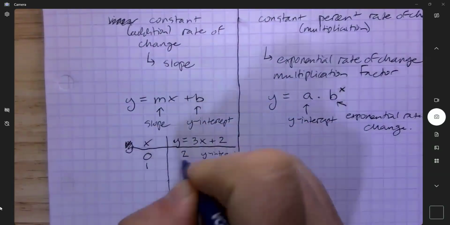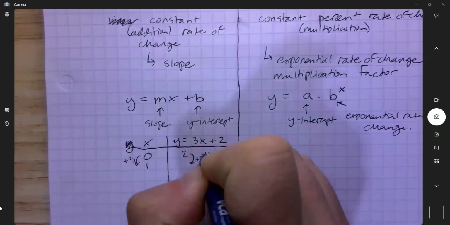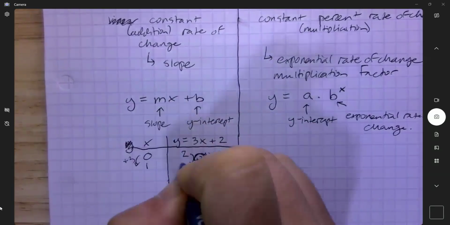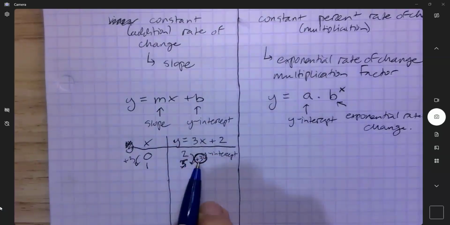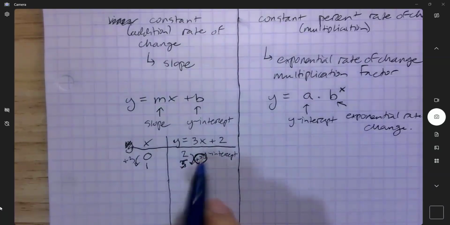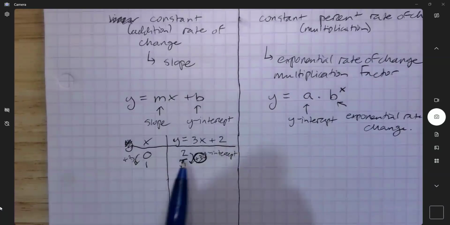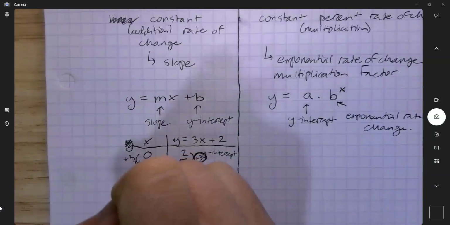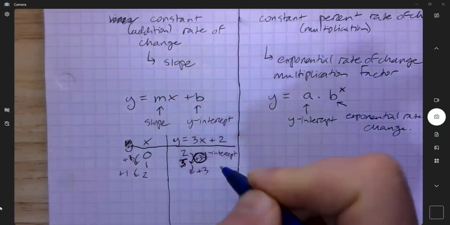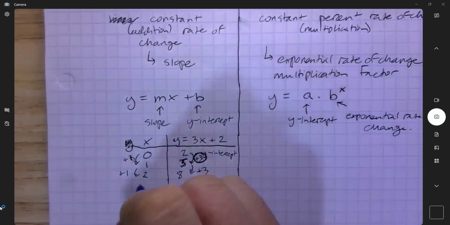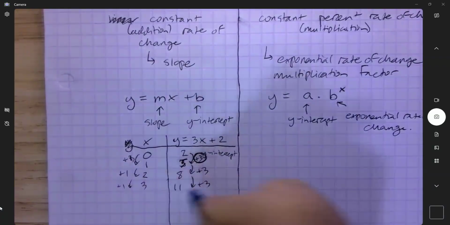And then when I add 1 to x, I add 3, and that's the key right there, the addition to the output. All right, linear functions work by repeated addition. Every time x increases, I add 3 to the y. If I increase x again by 1, I'm going to add 3 to the y again. And every time I increase x by 1, I add 3 to the output.